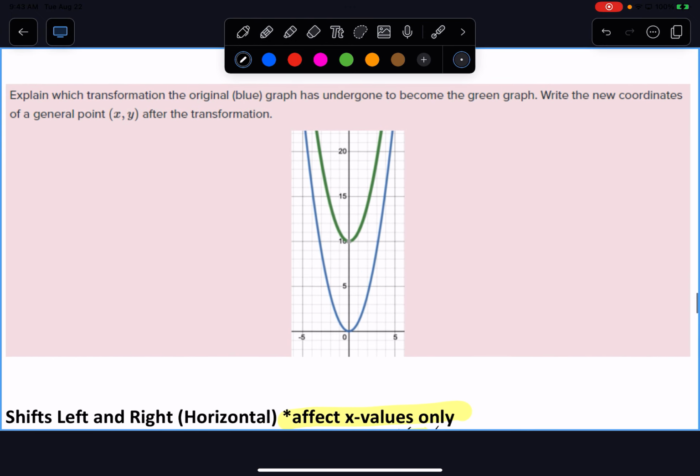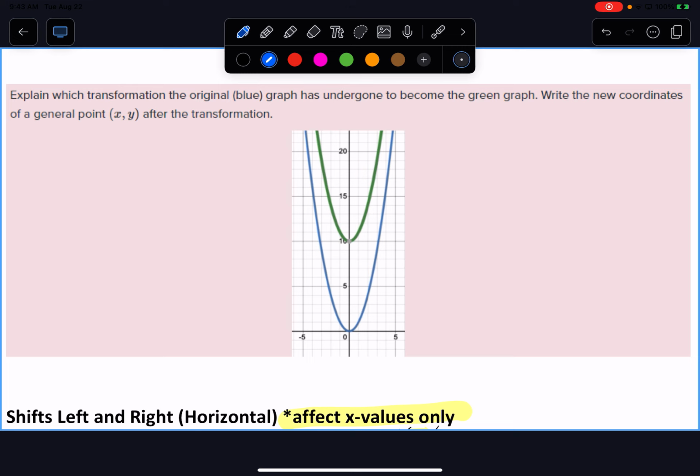It says right here, explain which transformation the original blue graph has undergone to become the green graph. Now look at the instructions further. Write the new coordinates of the general x, y after the transformation. So they don't want the f of x answer, they want the x, y answer. So you once again say, okay, the blue graph, it's blue to green, yes?